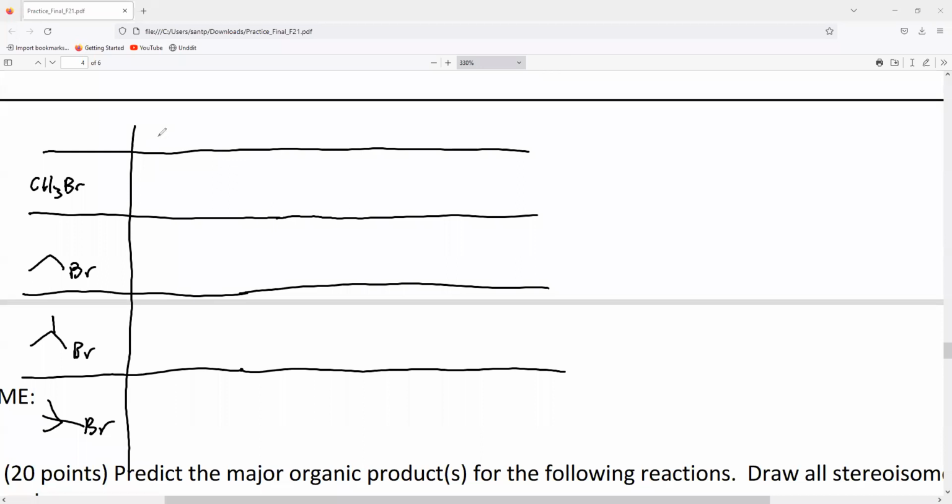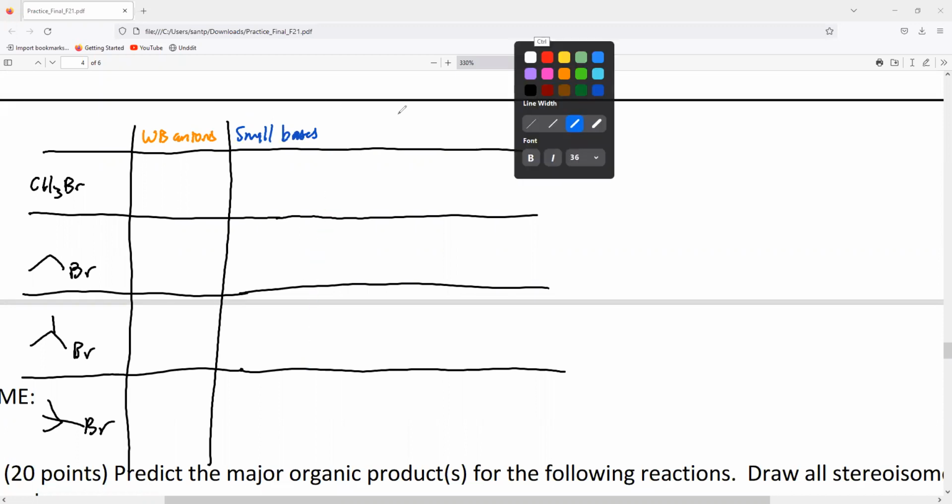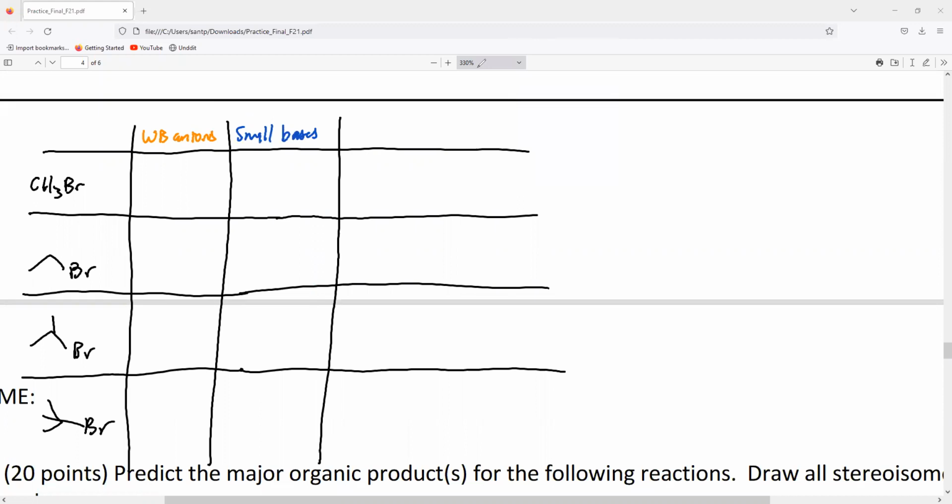The indirect one was weakly basic anions. But we talked about small bases, and we talked about bulky bases. And then we talked about solvents, so I'll put solvents here. Okay, cool. So with this chart, all we have to do is look at the substrate and then look at the nucleophile, and we can typically tell what reaction goes on.